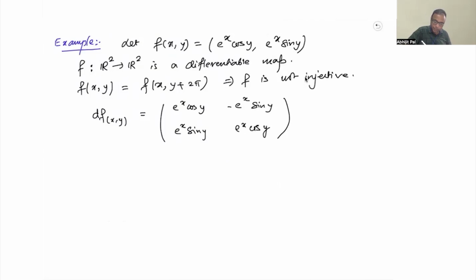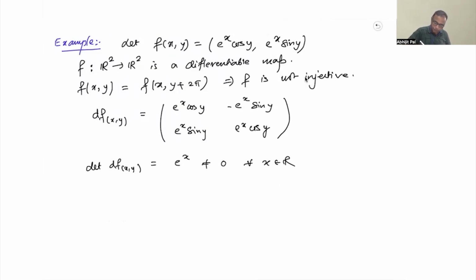Now, what is the determinant of this matrix? It is always equal to e^x, and this is not equal to 0 for all x. So this matrix is non-singular for all x.